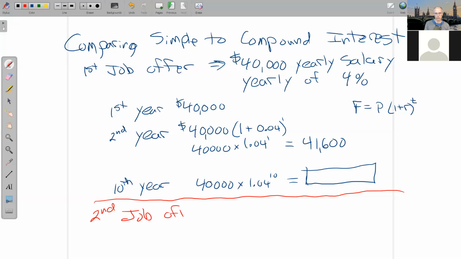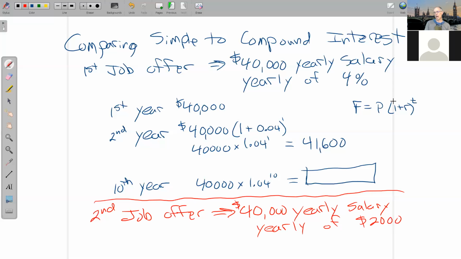They say, we'll also start you at $40,000 for your yearly salary, which says, okay, that's a match, that's all right. But we'll give you a yearly raise of $2,000.